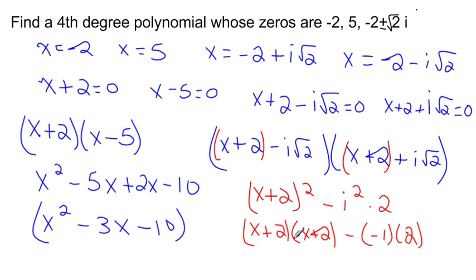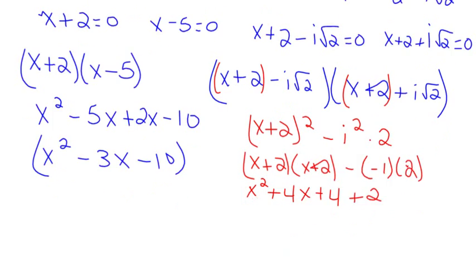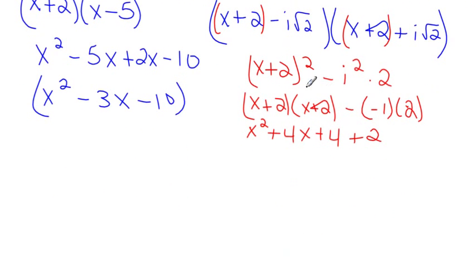So in this case here, we're going to get x squared plus 2x plus 2x is plus 4x plus 4. And then this part over here, minus -1 becomes a positive 1 times 2 is positive 2. Alright, so we're going to continue on here. So let me bring this down. So again, simplifying this, we just get x squared plus 4x plus 6.